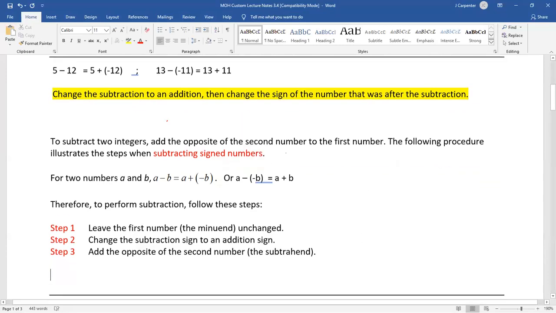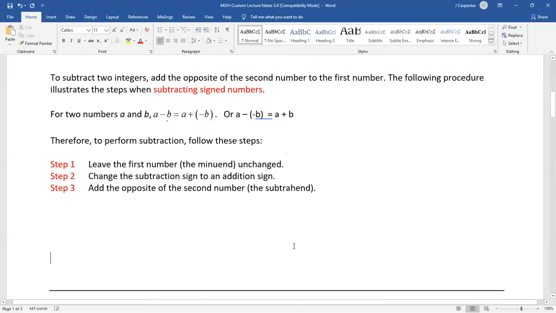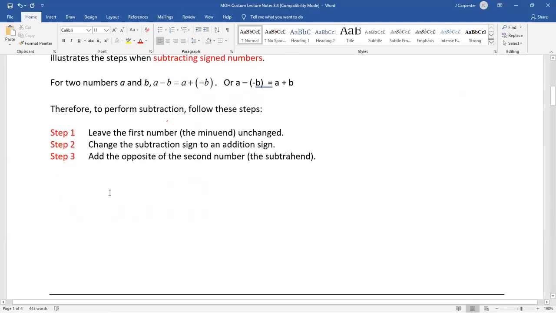Okay, so we had flat out rules for addition before. We should probably write the flat out rules for subtraction now. So to subtract signed numbers, guess what? We don't.